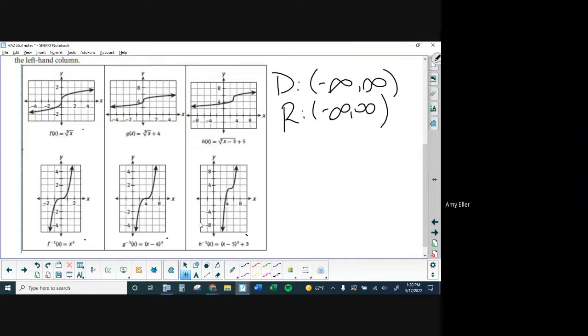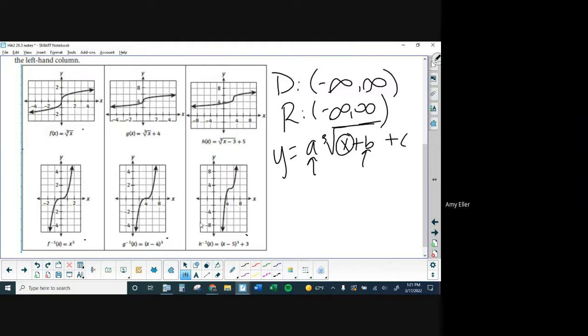No. If it is a transformation of the parent function, so if it's simply in this form, what do I want to do? I want to do x. You can do plus or minus there. You can have a plus or minus here. That has to be an x.